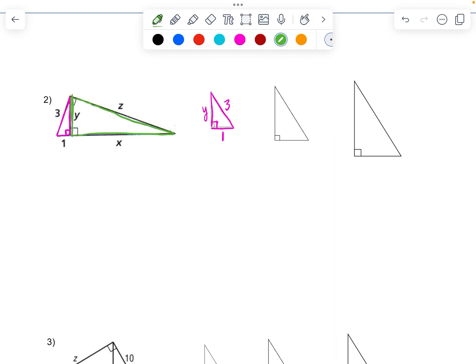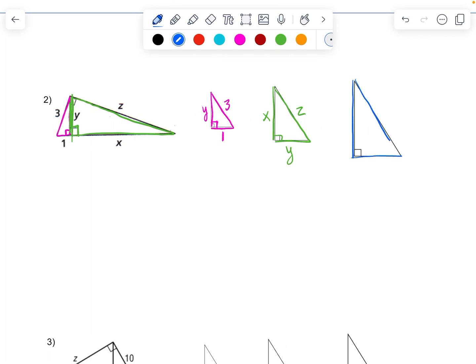Now I'm going to do medium. I've got short leg y, my long leg x, and my hypotenuse z, so the medium one is useless.